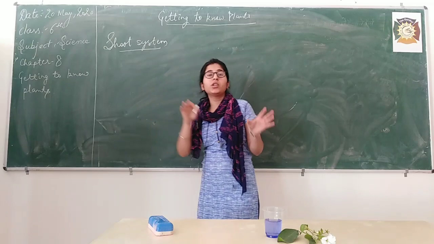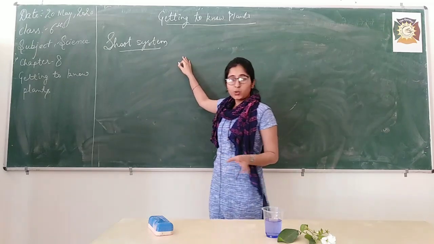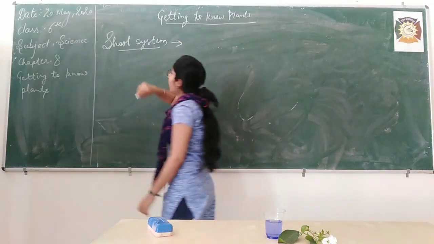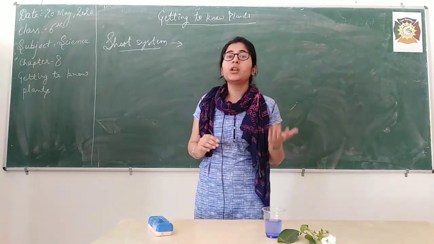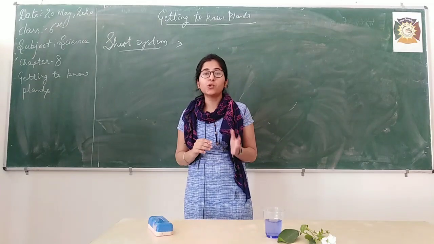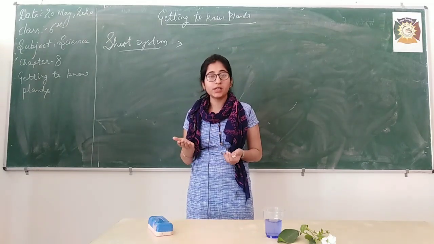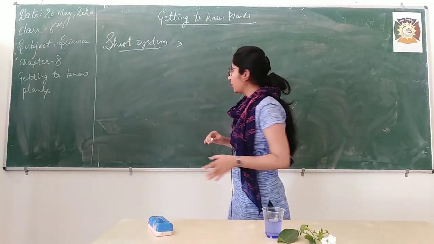Similarly, today we are going to study the shoot system. What is the shoot system? As I already told you, the shoot system consists of those parts of plants that are present above the ground, right students?